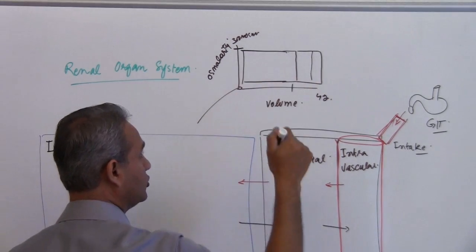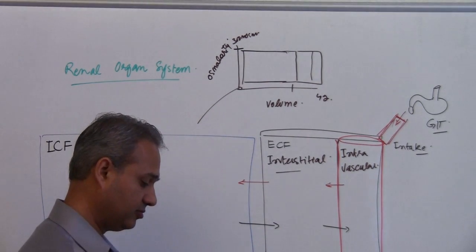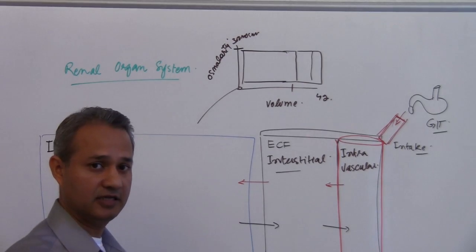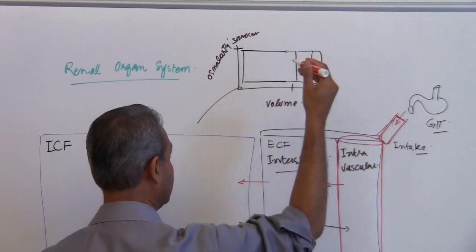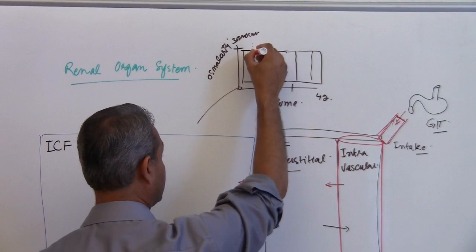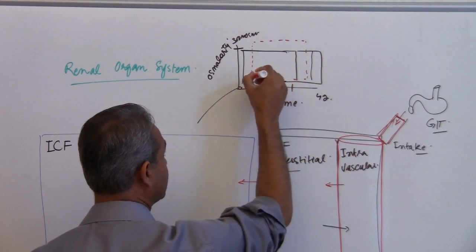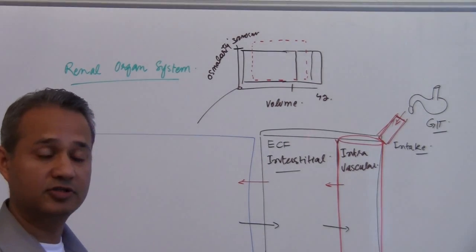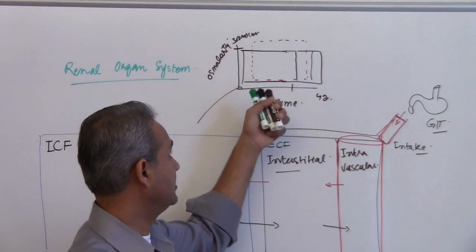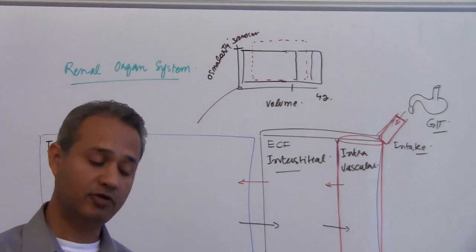In this diagram, you would see many times that the questions which come in USMLE and in our general hospital practice are, what will cause this? In this situation, osmolarity has increased and volume has decreased. So how would that happen?